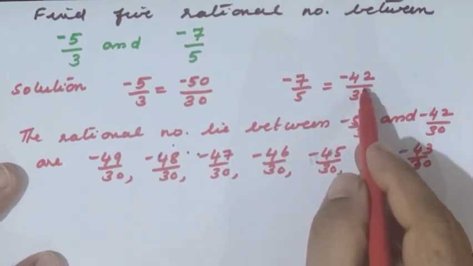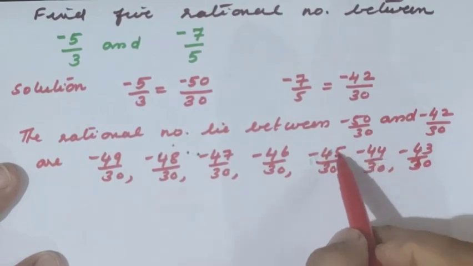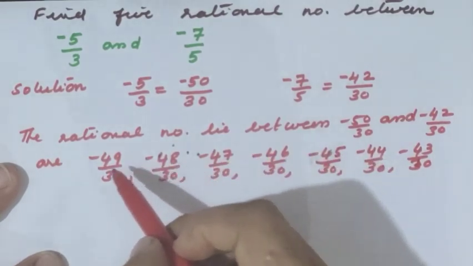Because minus 42 is here and minus 50 is here. 43 is attempted, 44, 45, 46, 47, 48, 49.